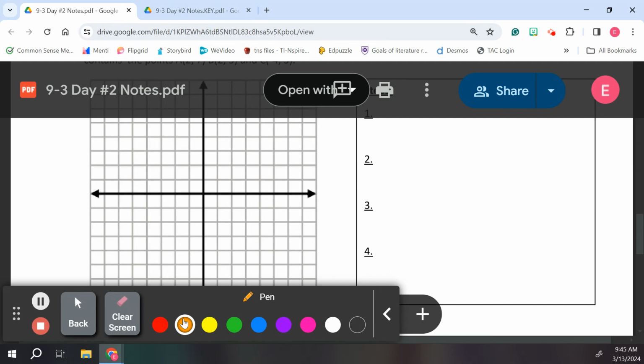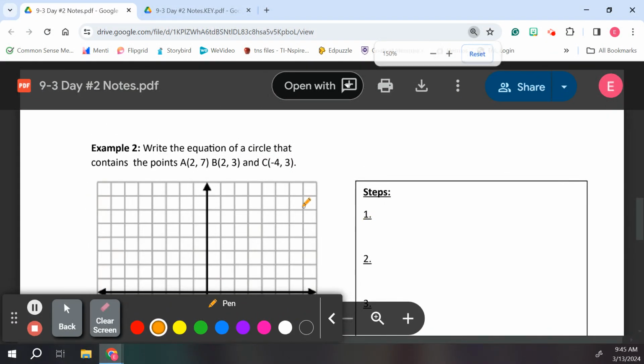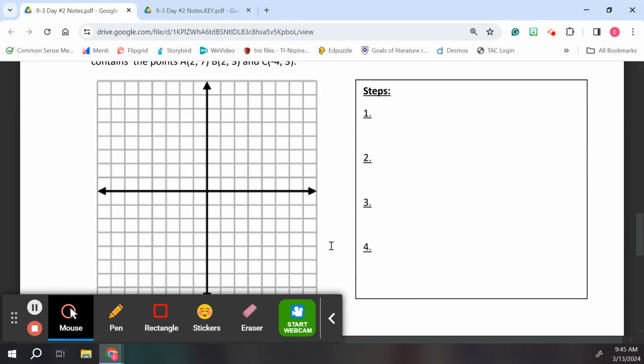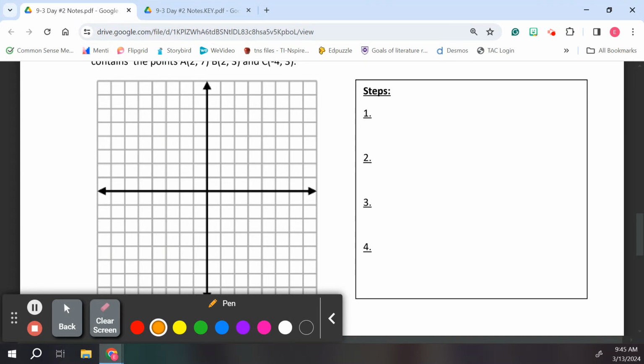So we have A (2, 7), B (2, 3), C. Okay, so step 1 said graph the points, which we did.